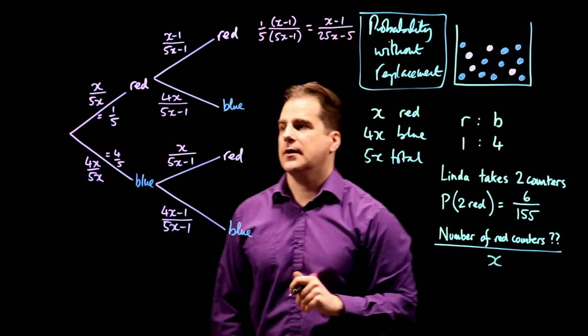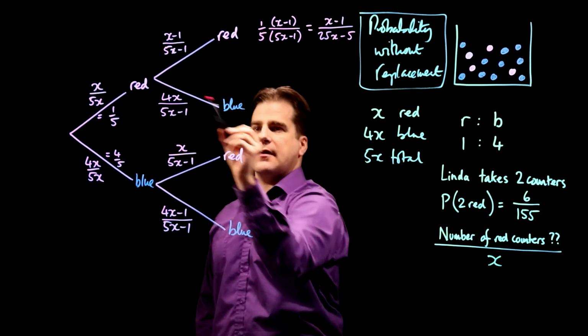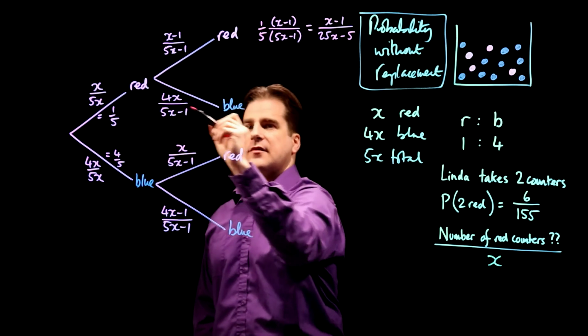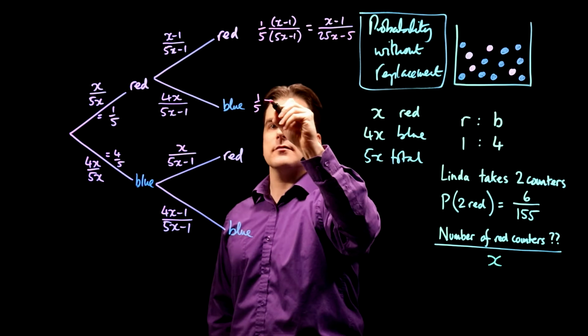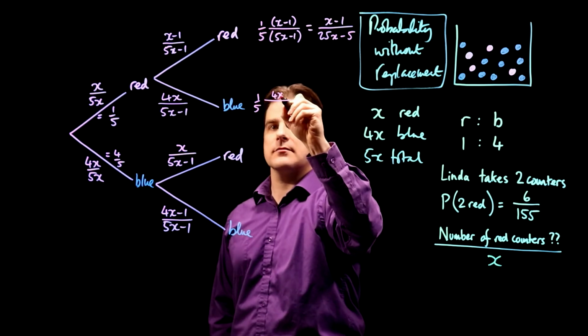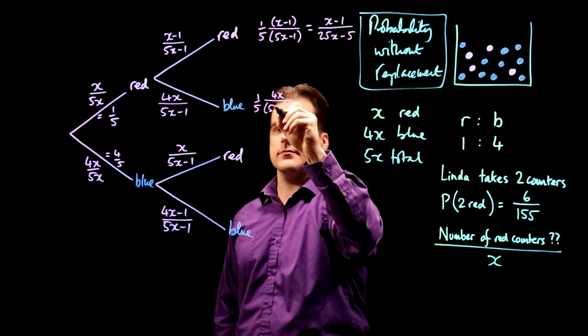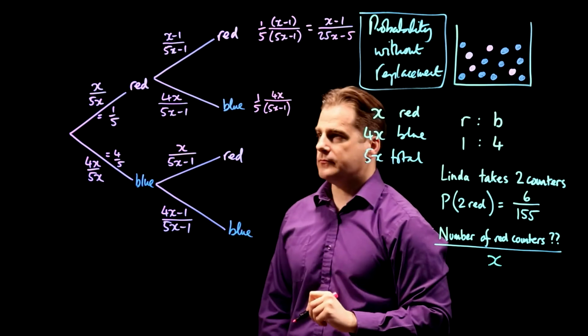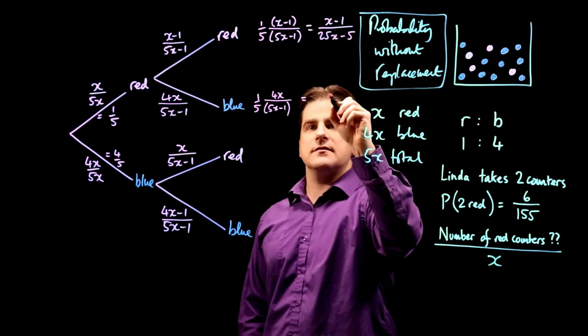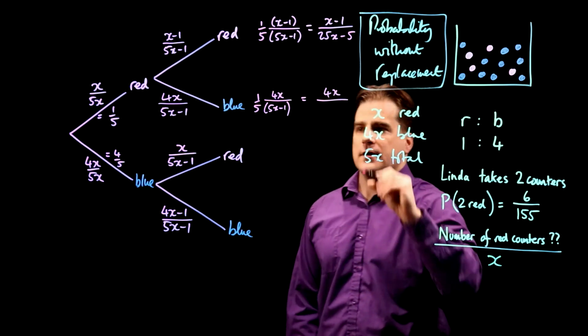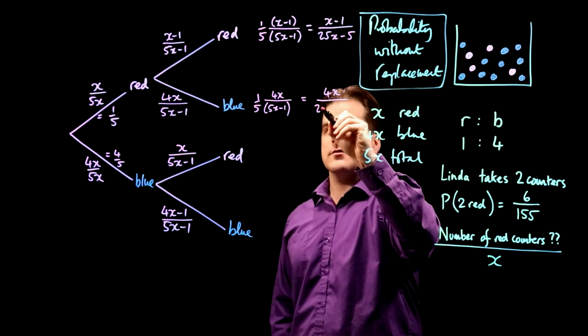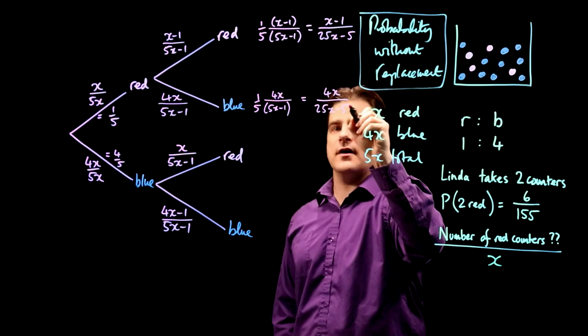So the probability of choosing a red then a blue is that times that, so that's going to be a fifth times 4X over 5X minus 1, which is 4X over 25X minus 5.